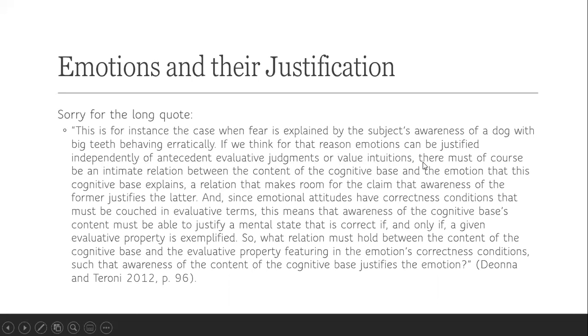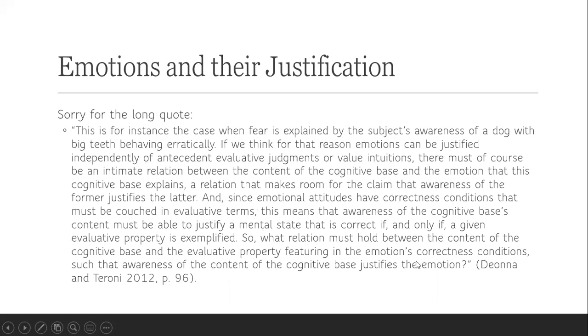And if we're doing that, then there must be some relation between the content of the cognitive base and the emotion that the cognitive base explains. So this is where we get justification, because there's a relation here, hopefully, that makes room for the claim that awareness of the former, the content of the cognitive base, justifies the latter, the emotion that the cognitive base explains.